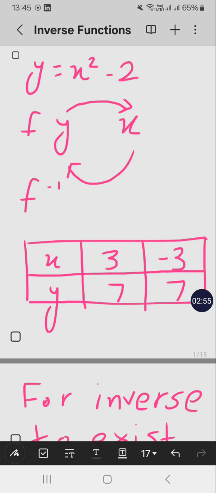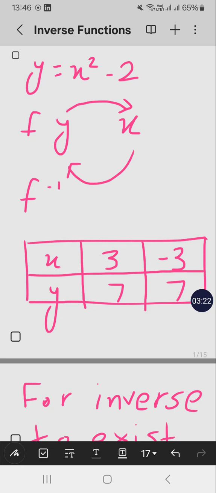Now the problem with this is that for this function to have an inverse, 7 will be our input to the inverse function, because it was the output of our original function. So it has to be taken as input to our inverse function.